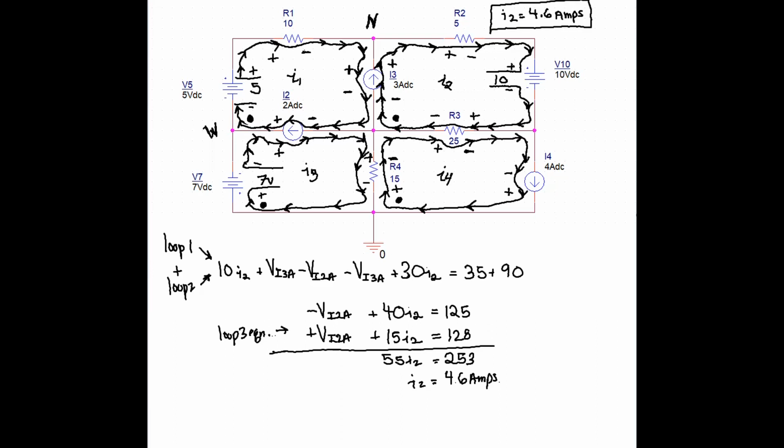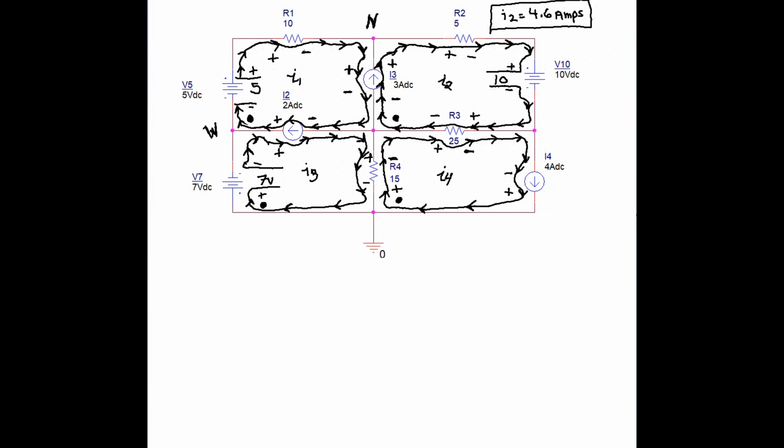From this result, it's not too hard to plug this value into other loop equations or current node equations to solve for those values as well. I3 is equal to I2 minus 5, which gives us I3 as minus 0.4 amps, 400 milliamps, going in the opposite direction.